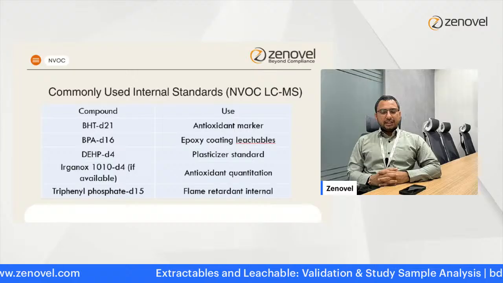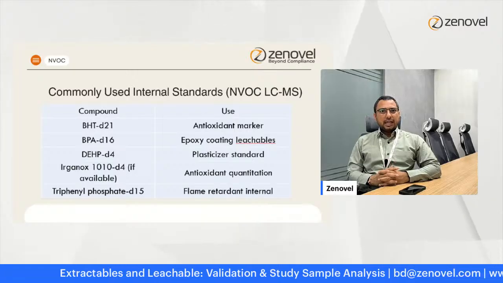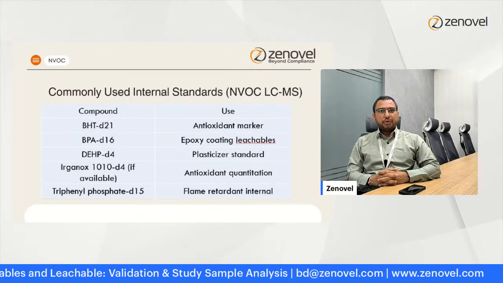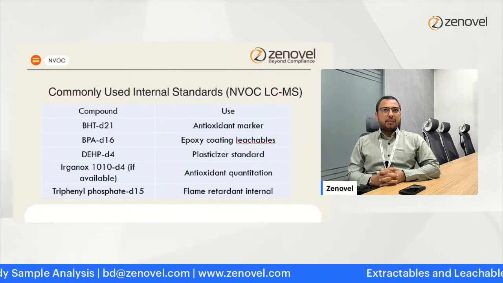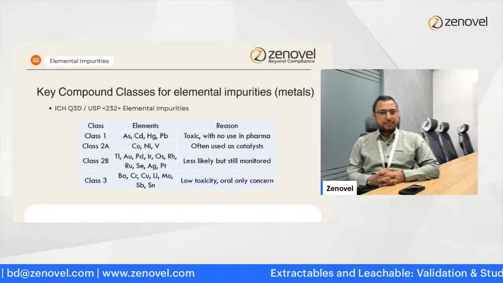Okay, so after that, we would like to know about the elemental impurities. Can you give more examples of the reference standards for the calibration curve for the elemental impurities?